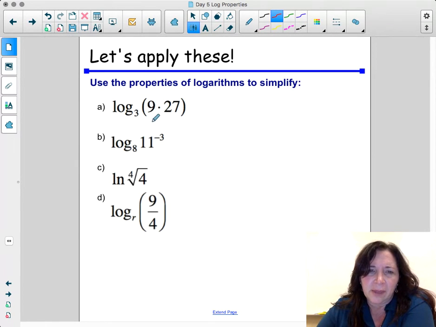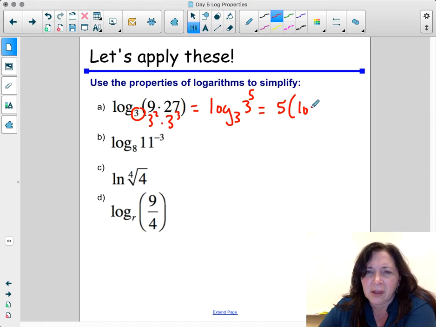We have 2 from this, right? 3 squared times 3 to the 3rd power. Well, isn't that keep the base, add the exponent? So really what I'm seeing is log base 3 of 3 to the 5th power, right? So really what this is saying is 5 times log base 3 of 3. Oh, what's this? 1. And so this would be 5 times 1, which, by the way, is 5.